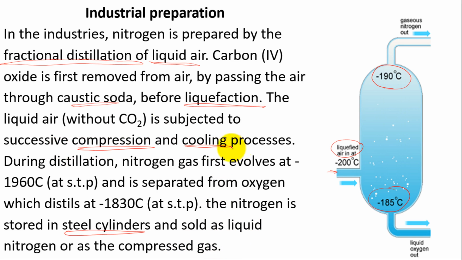Therefore, the successive compression and cooling is very important before taking to the fractionation column. And that is the process of preparing nitrogen in the industry. That is the industrial preparation of nitrogen.